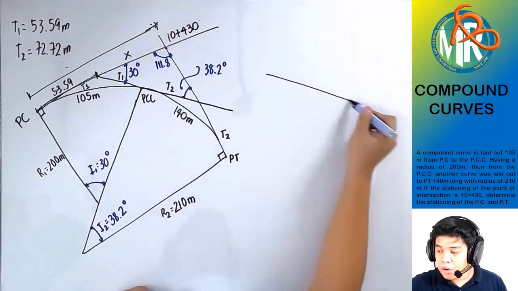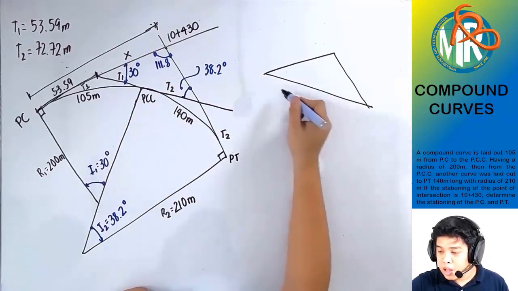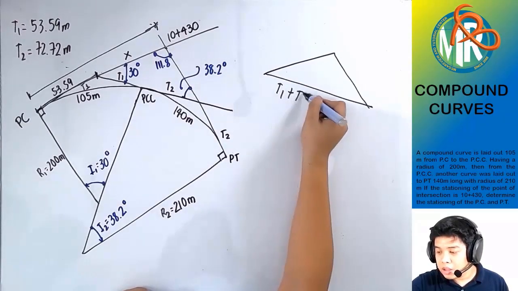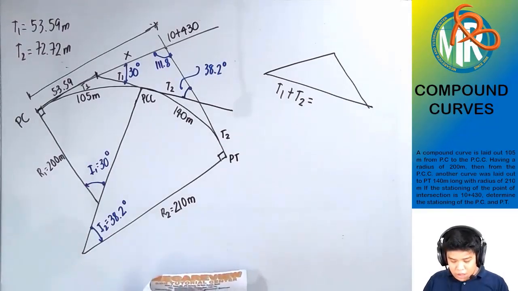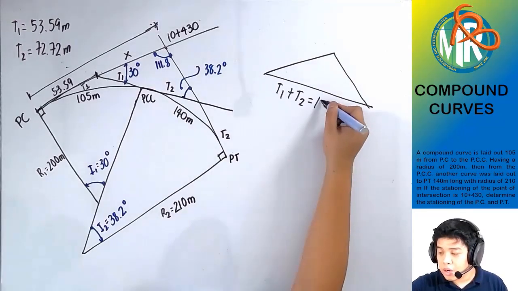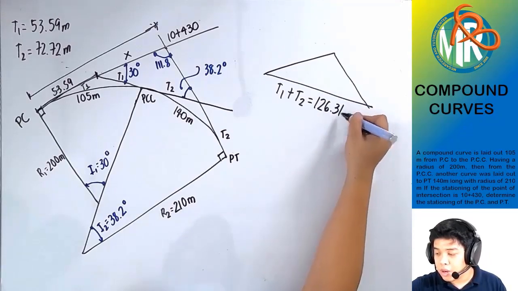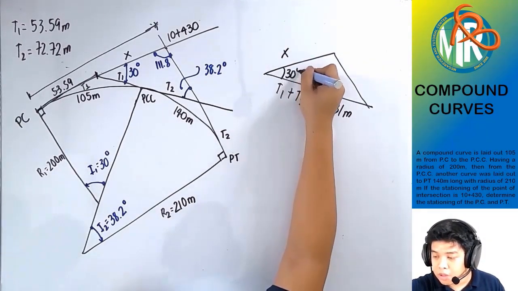Okay, if you're going to draw again the triangle, this one will look like this. Ang length nito is T1 plus T2. Therefore, that is equal to 53.59 plus 72.72. The answer is 126.31 meters, and this is X. Ito, 30 degrees.